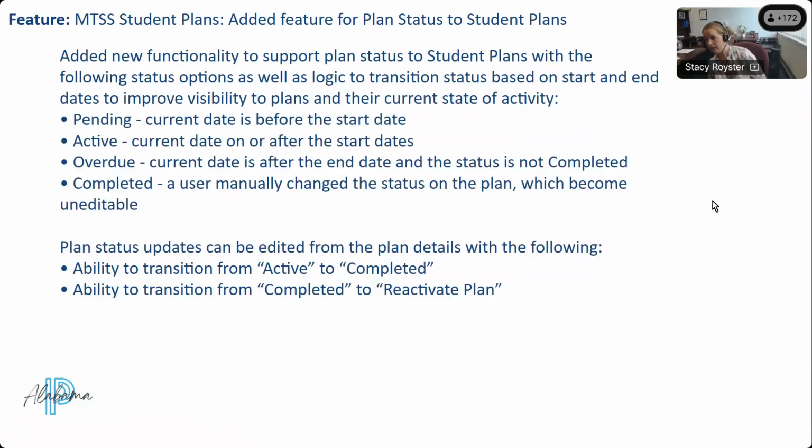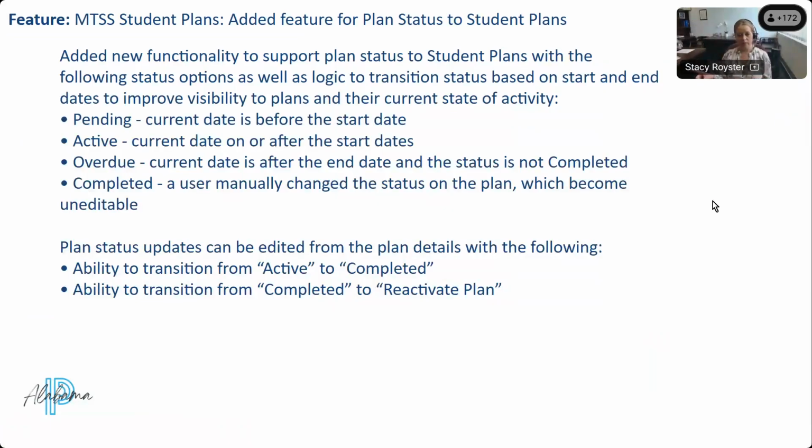A new functionality that they added is that we now have a status that you can place on a student plan. You can mark it as a pending plan, an active plan, an overdue plan, or a completed plan. There will also be a way to update statuses, so I can take an active plan and move it to completed.